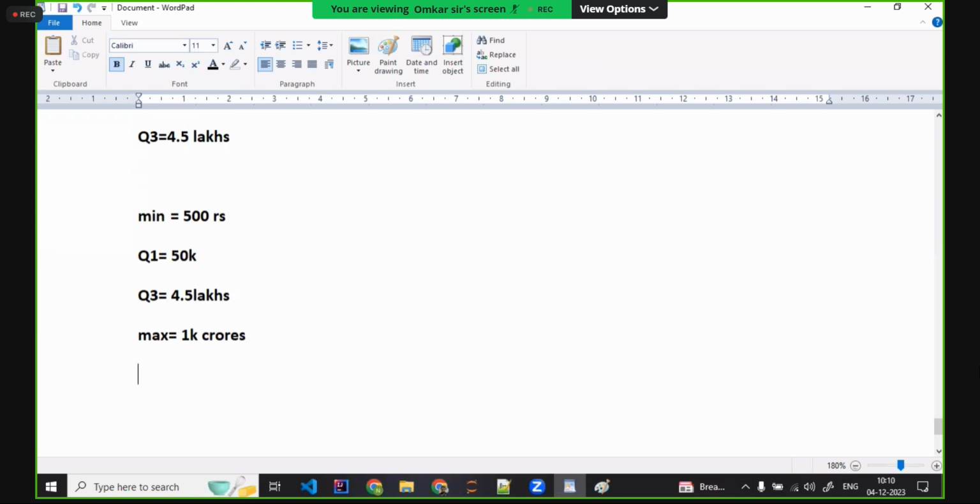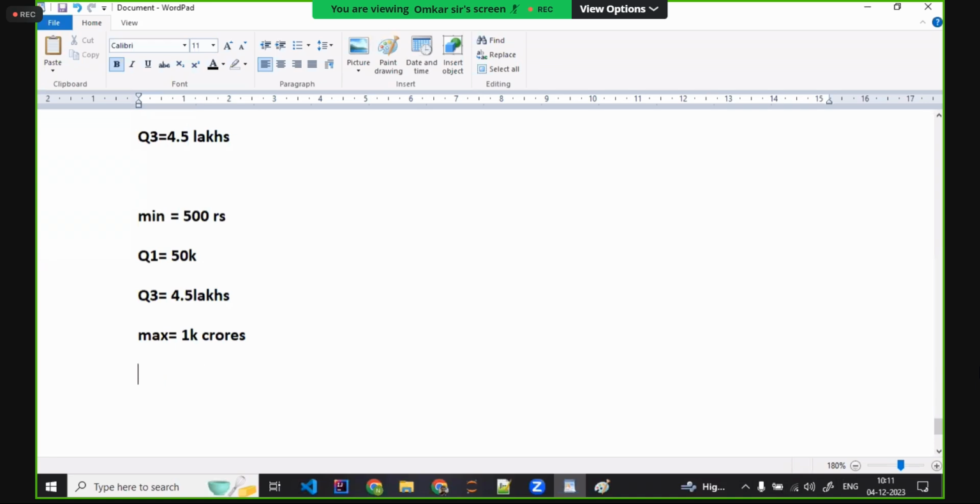Now Q3, that means 4.5 lakhs, plus some value I need to provide here. And that is my cutoff to make this guy an outlier. So that cutoff we will provide based on the middle class families. What is the middle class family here?